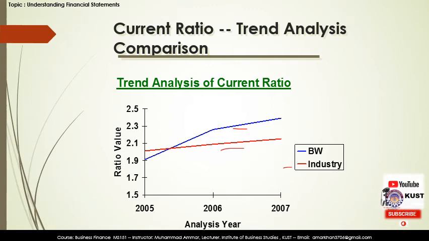We have seen that the current ratio is better for Basket Wonder, and we see the blue line is above the red one, which is the industry average, right?